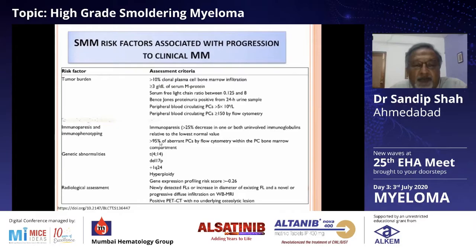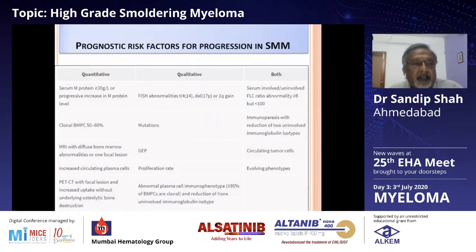Then aberrant plasma cells on immunophenotyping, then genetic abnormalities like translocation 4;14, deletion 17p, and 1q gain, and radiological assessment. So these are the risk factors which we'll see again in detail. Some risk factors are quantitative, some are qualitative, and some are both. So I will not discuss it again.